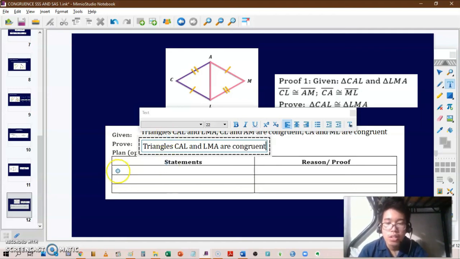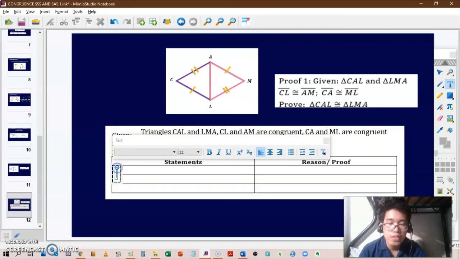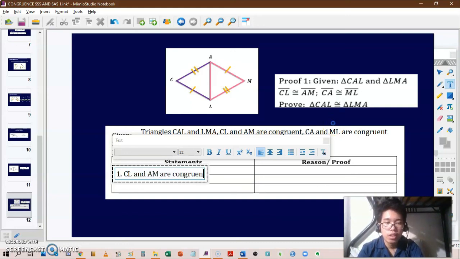So how do we do that? First, we write here on the statements. The first statement that we can deduce from the figure is the given. So number one: CL and AM are congruent, and CA and ML are congruent.